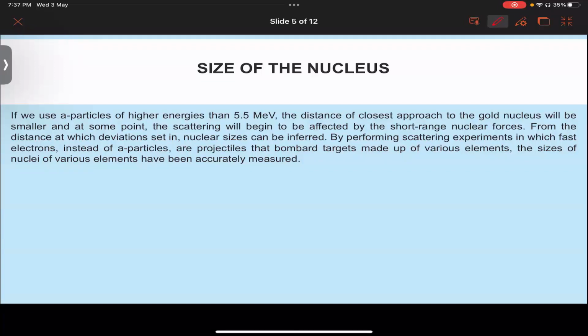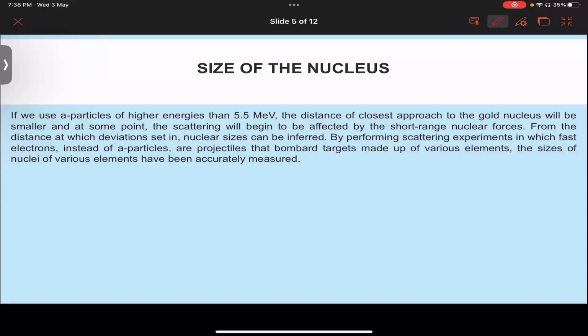But we also saw that the nucleus has an electron cloud around it, and that is why it is very small in size compared to the entire atom. So if we keep using higher energy alpha particles, higher than 5.5 MeV, the distance of closest approach to the gold will become smaller. At some point the scattering will start to be affected by short range nuclear forces, and it will differ from Rutherford's calculations.